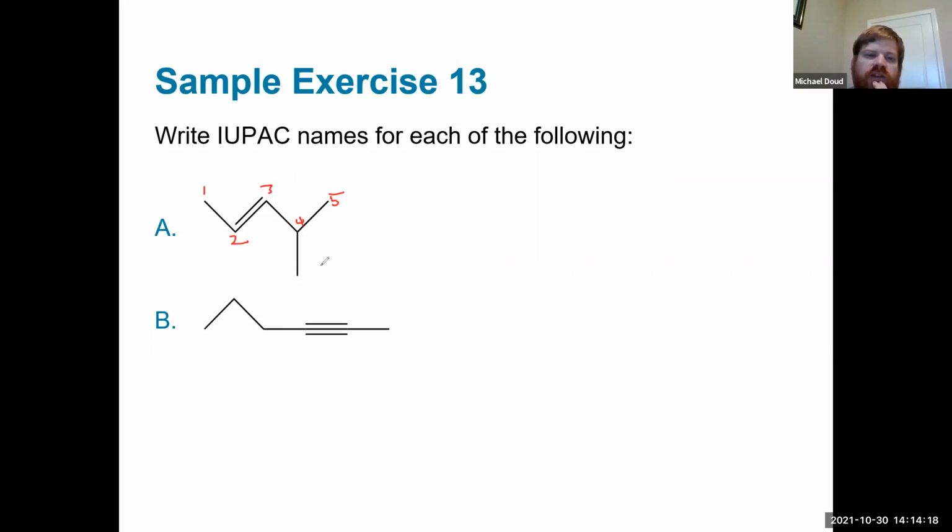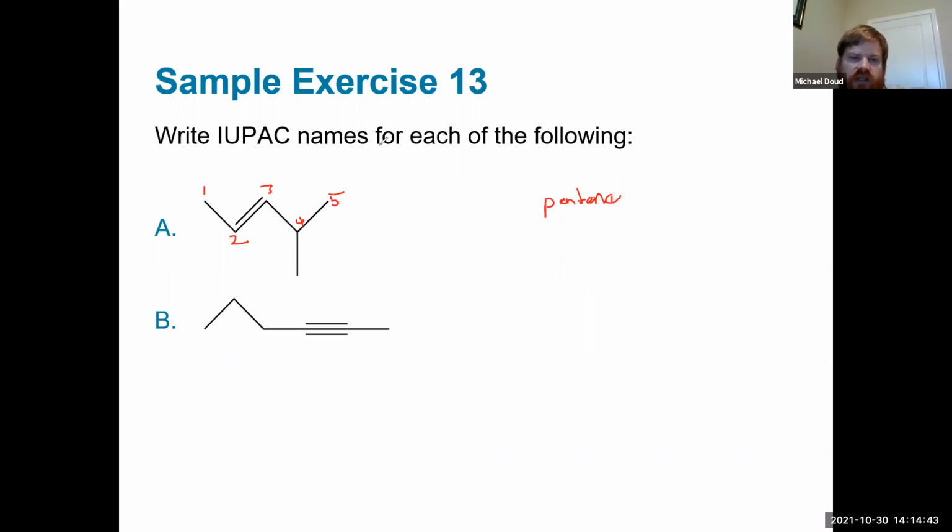So there's no real need to do that. Okay, so that means that our longest chain is 5 carbons. So that means it would be pentene as an alkene. That's how we name it, right? Rather than pentane, it becomes pentene.